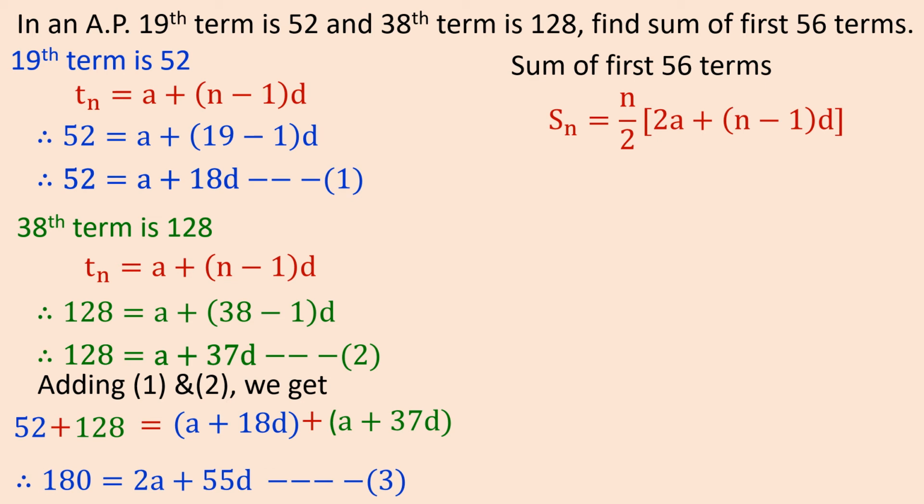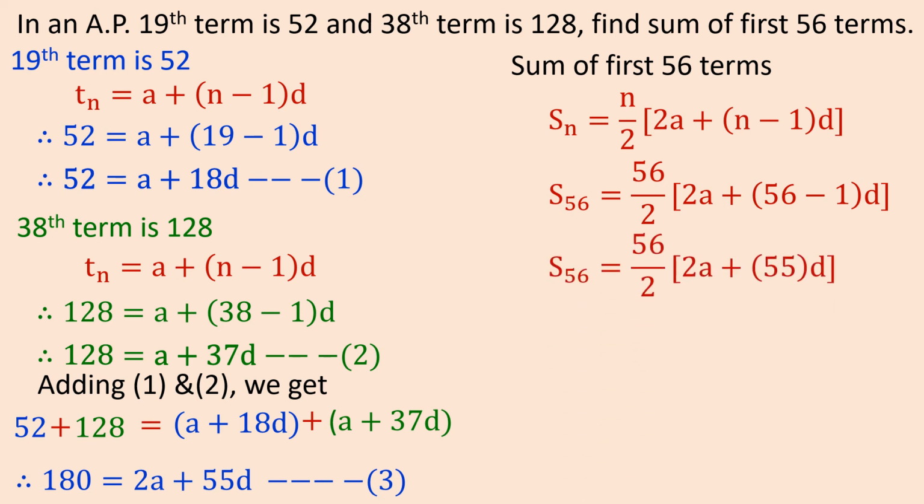When I substitute 56, I will get S56 equals 56 upon 2 into (2a plus (56 minus 1) into d). If I further simplify, I get 56 upon 2 into (2a plus 55d).